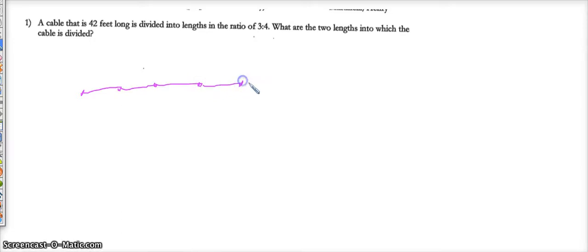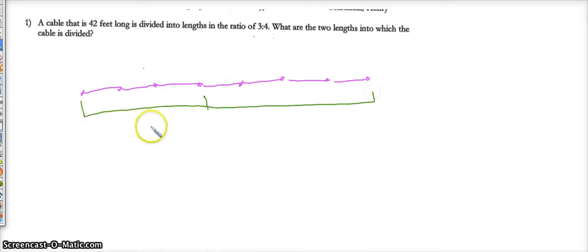So 1, 2, 3, 4. In other words, it's 3 here and 4 there. So this is 3 and this is 4. There's a 42-foot cable, and we're trying to figure out how long each piece of cable is.